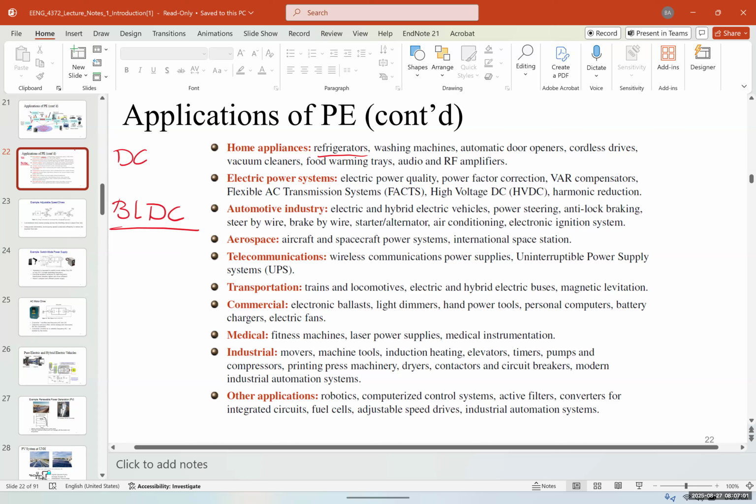And in recent years, because of the advancement in IGBTs, power electronics has gained a lot of attraction in EVs, electric vehicles.